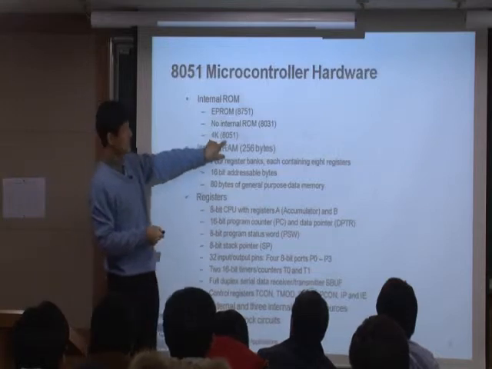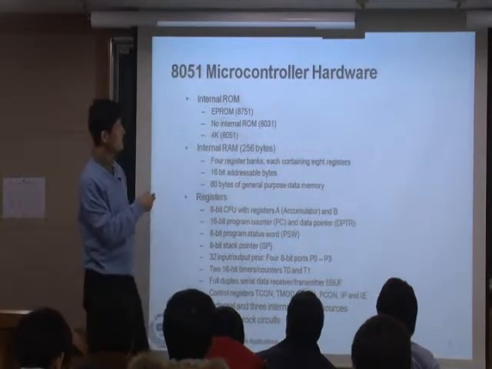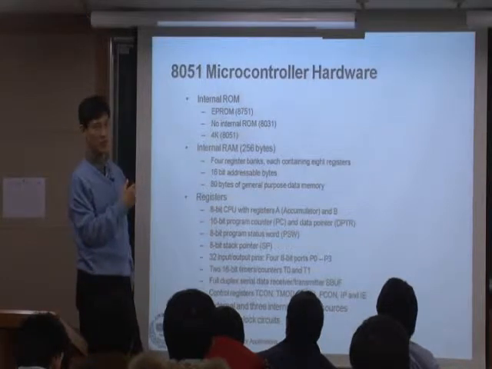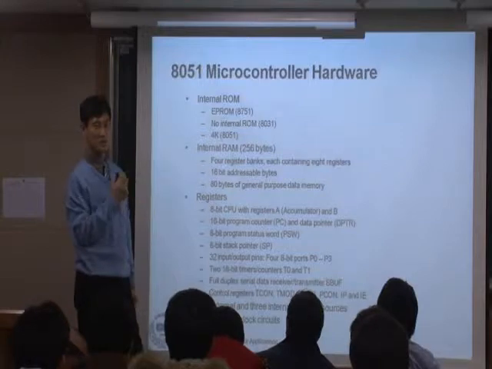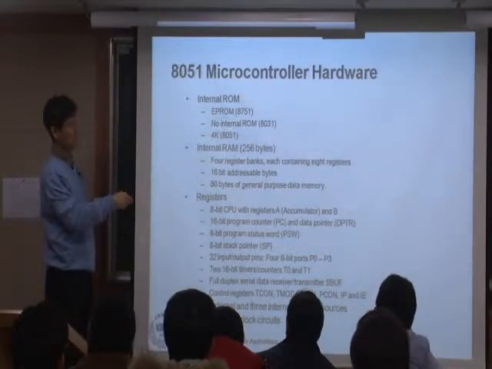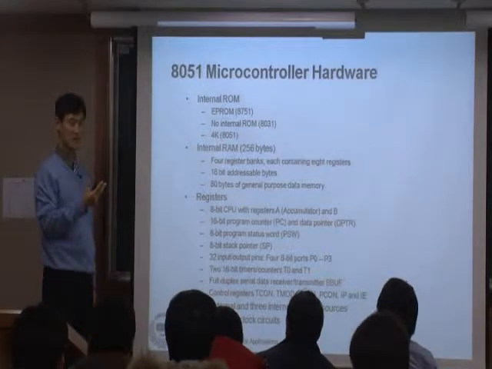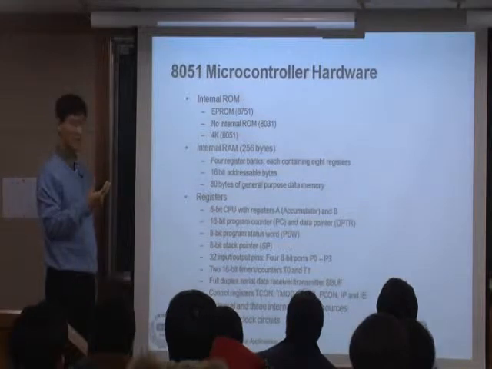There's another one, which I didn't list here, that has flash memory as internal ROM. Flash memory is actually better, and these days we have flash memory. But this 8051, an 8-bit processor, is like 40 years old.